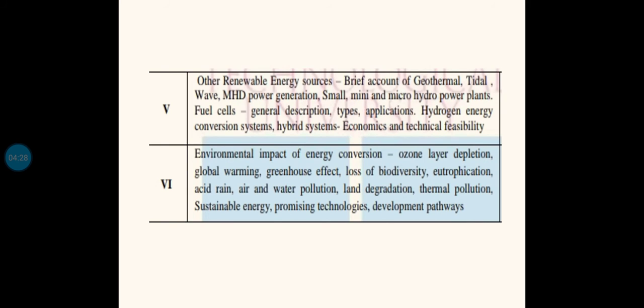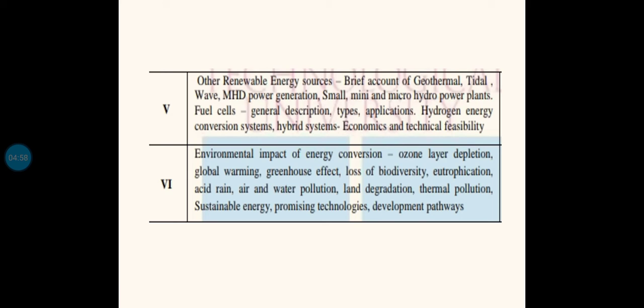Now moving on to the fifth module. This is other renewables. We have discussed solar energy and wind energy as the major sources of renewable energy. Now all other sources of renewable energy are clubbed together, and we will study them in the fifth module: a brief account of geothermal, tidal, MHD power generation, and small, mini and micro hydro power plants.